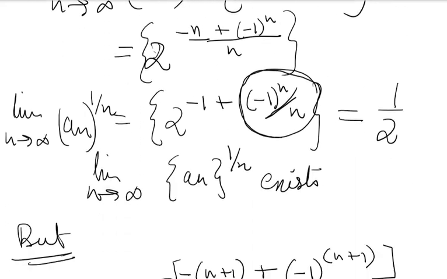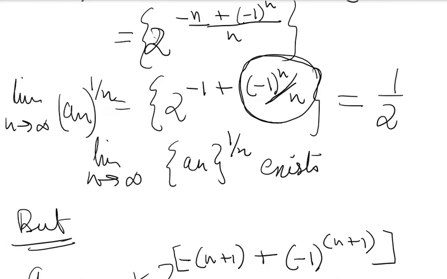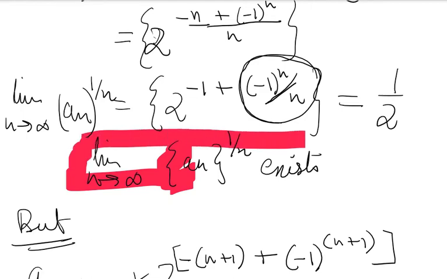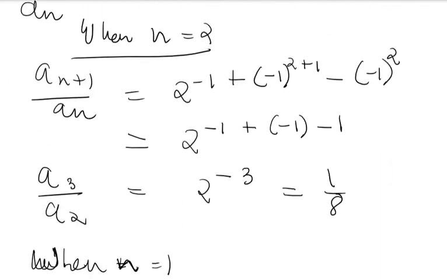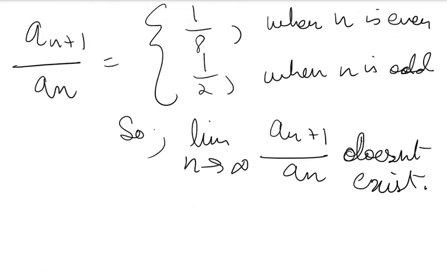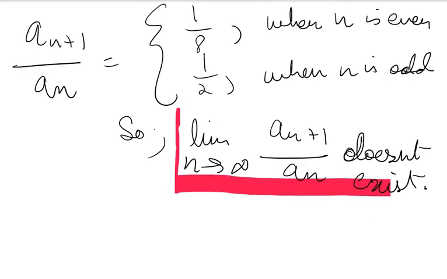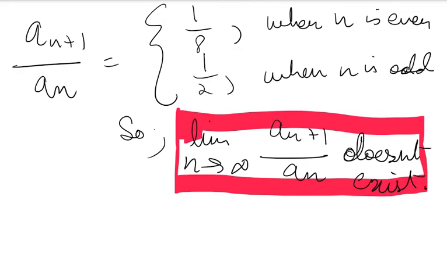That this part exists, this part definitely exists, but the a(n+1) by a(n) doesn't exist. Understood? This part doesn't exist.